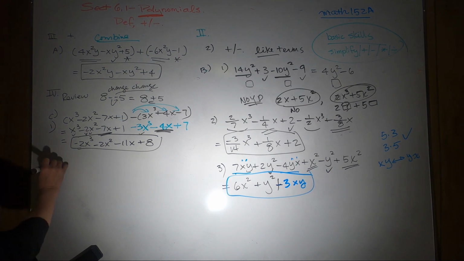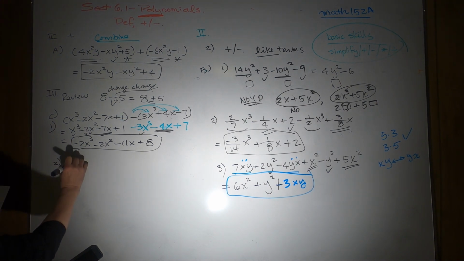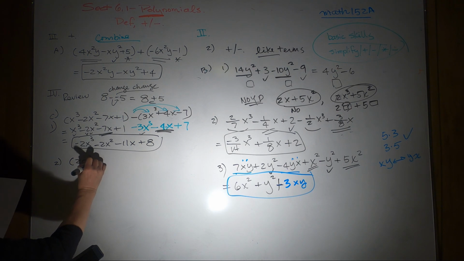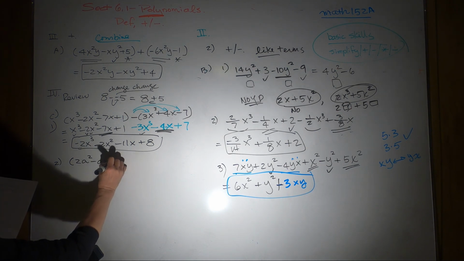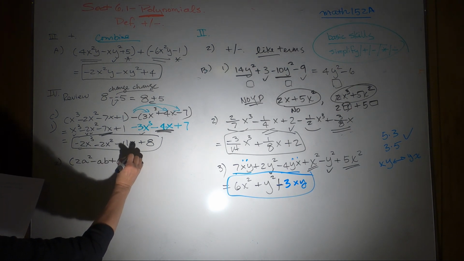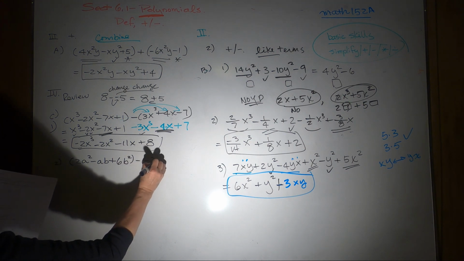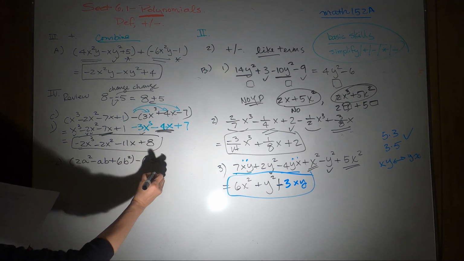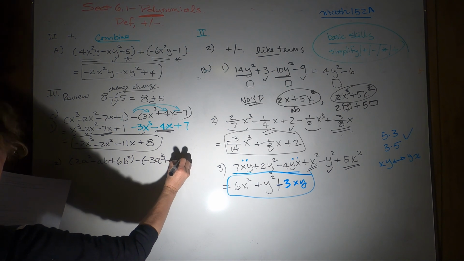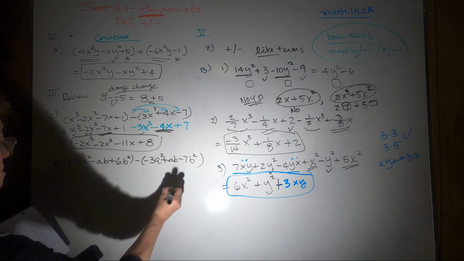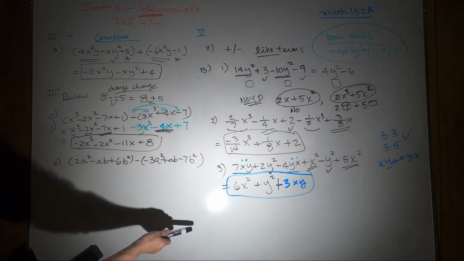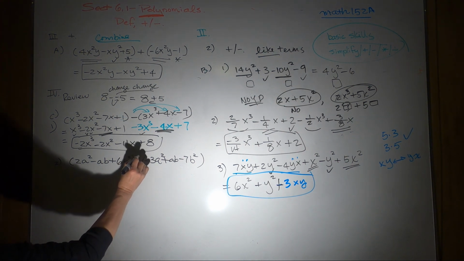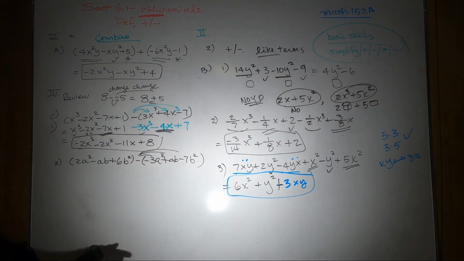Right? And next one, if you have 2a squared minus ab plus 6b squared minus -a squared plus ab minus 7b squared. So when you minus something, means what? You distribute your negative to everything, everything becomes opposite, right?